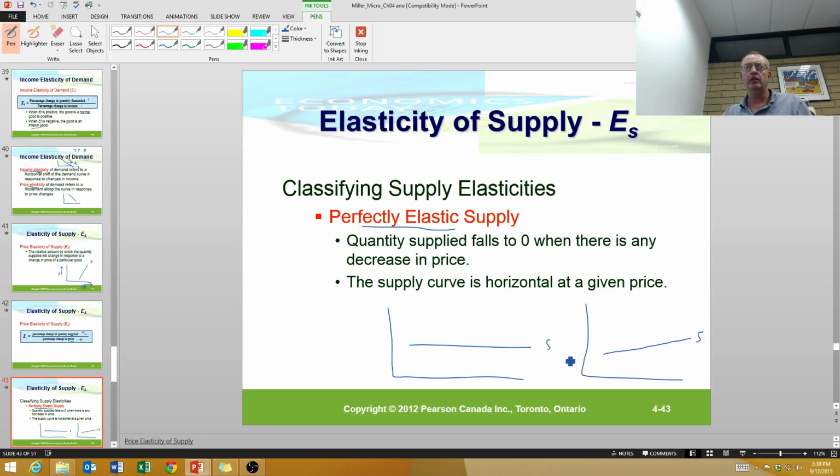If the price increases by a small amount, P1 to P2, and the supply curve is elastic, quantity goes from Q1 to Q2. Producers want to greatly increase their supply.